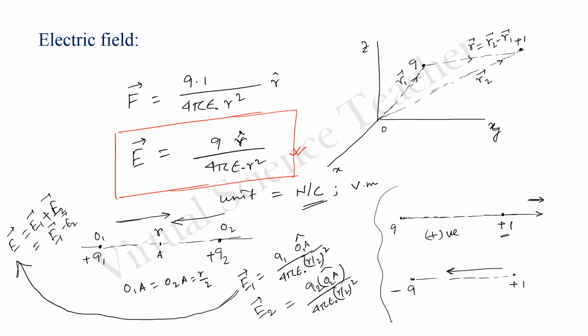You can put the values of E1 and E2 and finally get the value, and you can see here that the direction will totally depend on the charges Q1 and Q2. If the charge Q1 is greater, then there will be a positive charge. If the charge Q1 is less than Q2, it will be greater, and as a result the direction will be the other way.